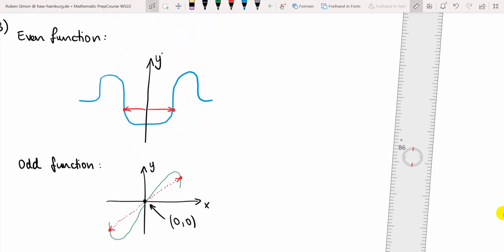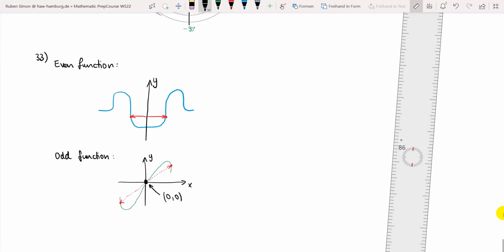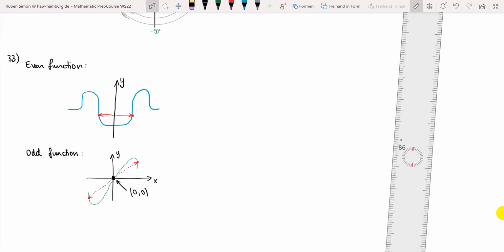So it needs to be the coordinate system's origin, which is the symmetry point, and the y-axis, which needs to be the symmetry axis for an even function. Okay. One first question, could you think of any function which is an even function and an odd function at the same time? Just to see if you understood this.